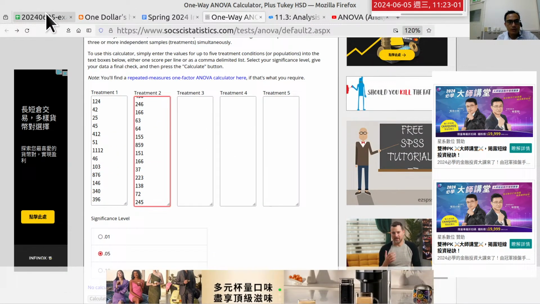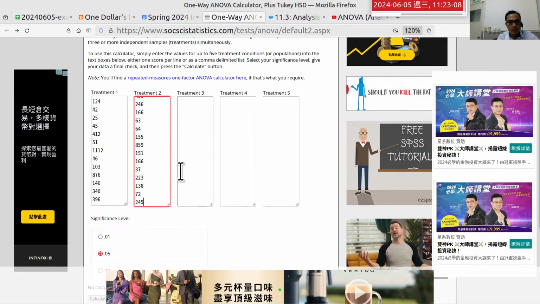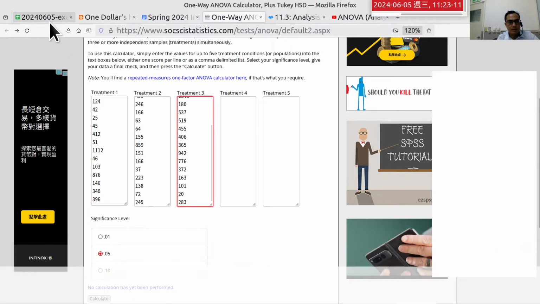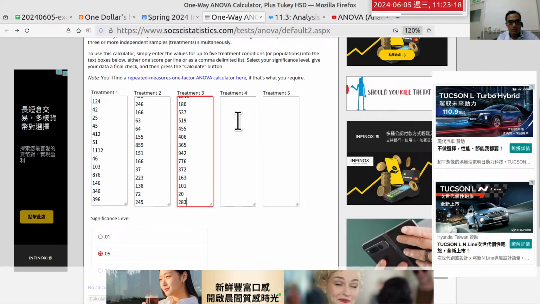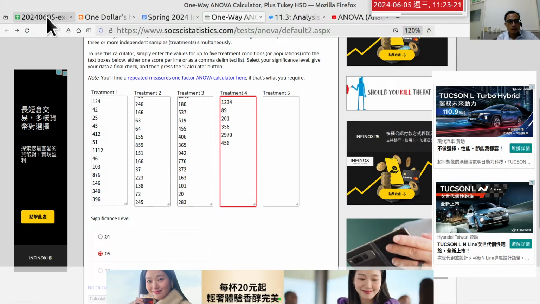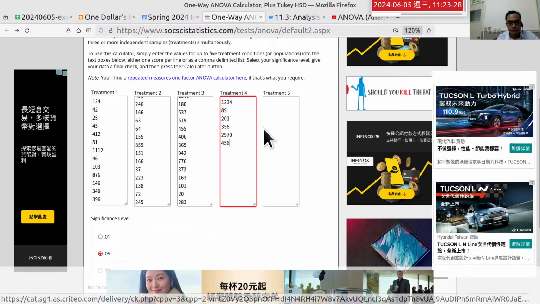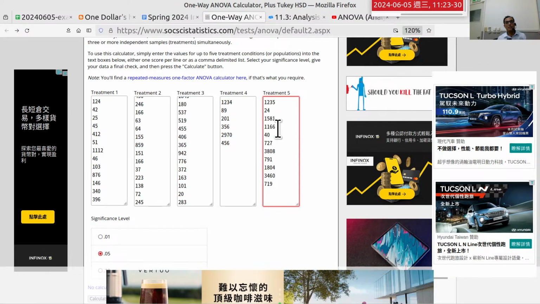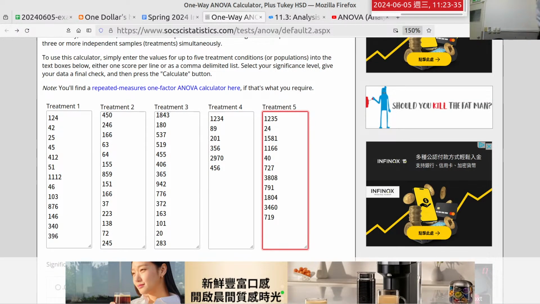And third column, Control C to copy, paste. Okay, I'm done. Please do this part.